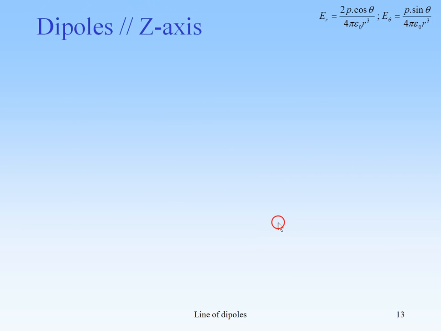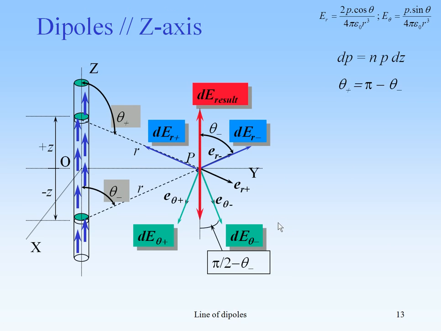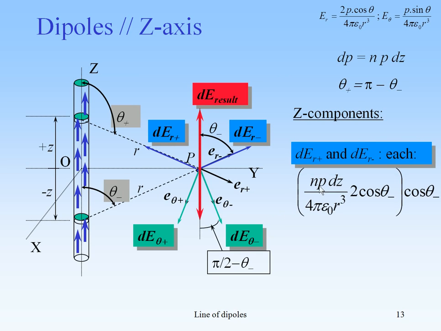Let's look at the contributions. The z components are given by, for the E_r components, np dz over 4 pi epsilon naught r to the third times 2 cosine squared theta minus cosine squared, because of the cosine in the r component, that's this cosine here, and the cosine of the component along the z-axis, this cosine here.